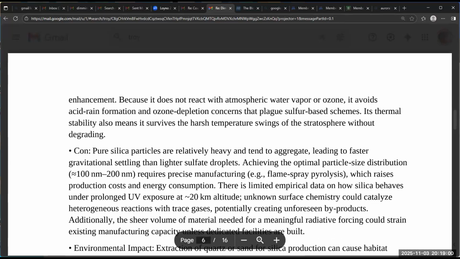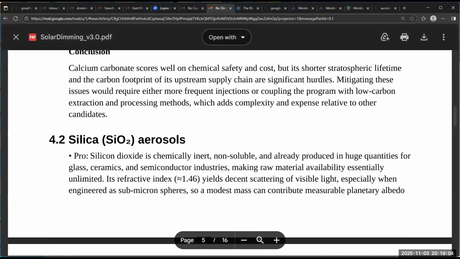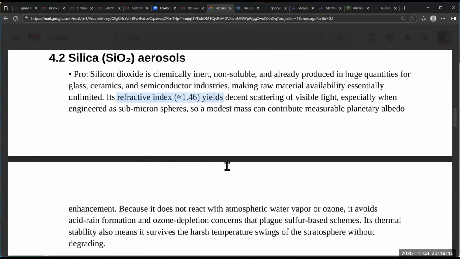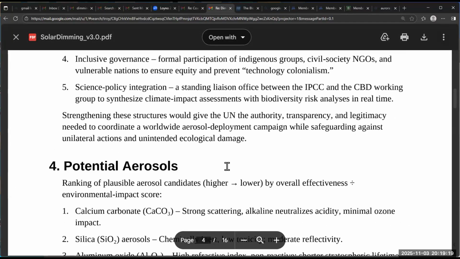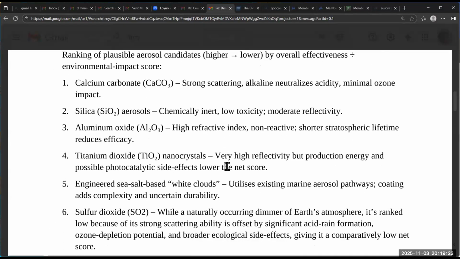Next is silica, which is basically just sand, chemically inert, low toxicity, moderate reflectivity. And then we start from here down. The choices are, in my view, much worse. Yes, they can be used, but they all have significant downsides, from number 4 on.